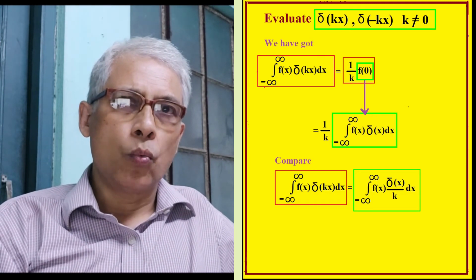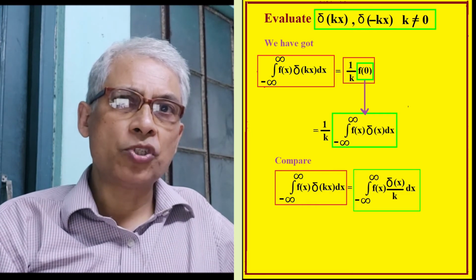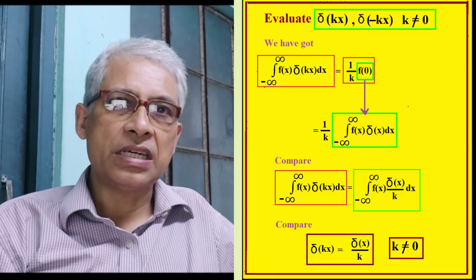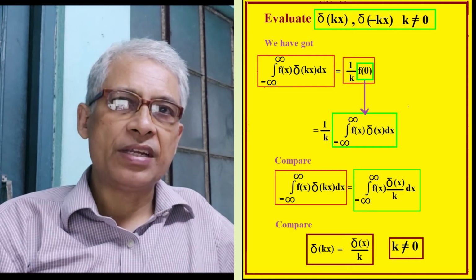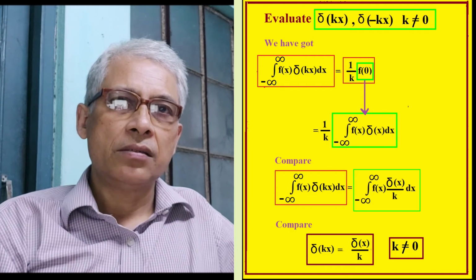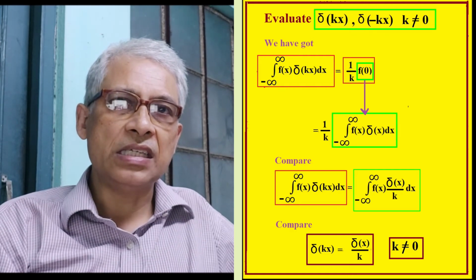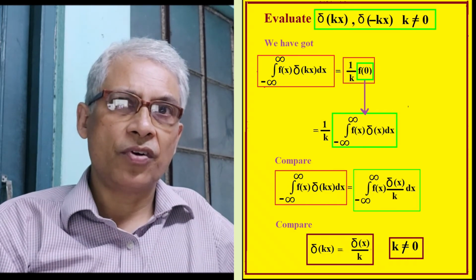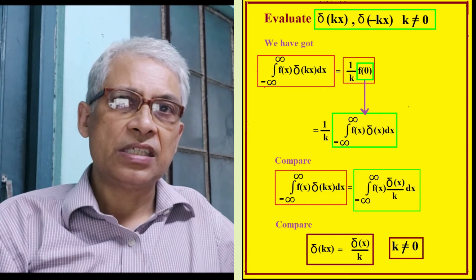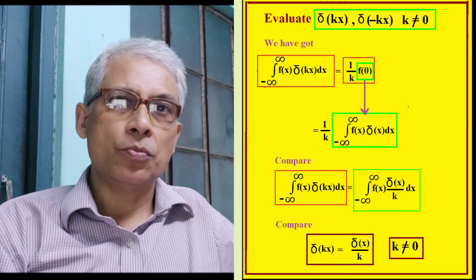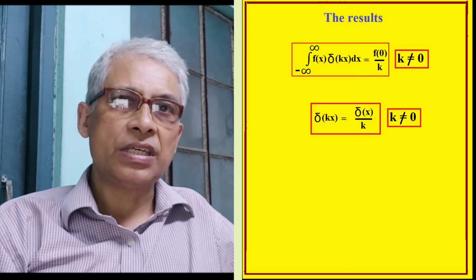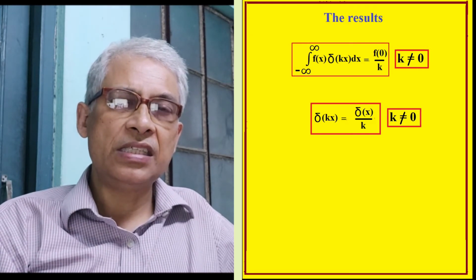Note that 1 by k has been pushed inside the integral. Comparison yields the result we were waiting for, namely Dirac delta of kx is Dirac delta of x divided by k, and of course k is not 0, for then the right hand side is undefined, it would blow up to infinity. We quote the essential results in this slide.